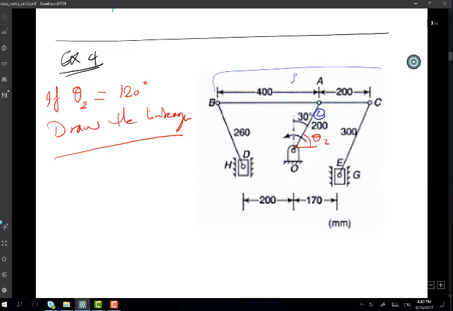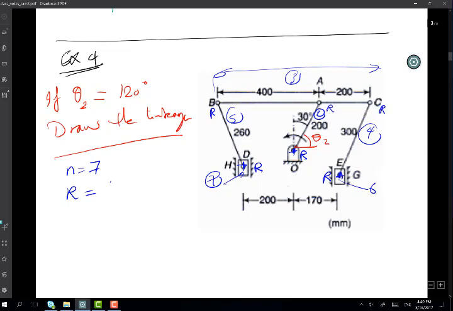Link number 3, this whole thing is link 3. And let's say 4, 5, 6 and 7 sliders. So n is equal to 7. The centers are all revolute joints because the angles change: three revolute joints, then the fourth, fifth, and sixth.